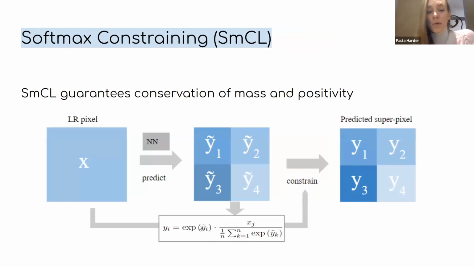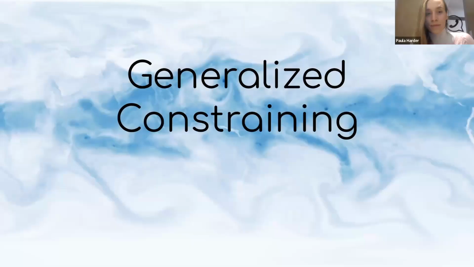So this would also ensure that our output would be positive. But the exponential could be any other positive function. And if we think in terms of predicting water mass, of course we want to have positive values only.